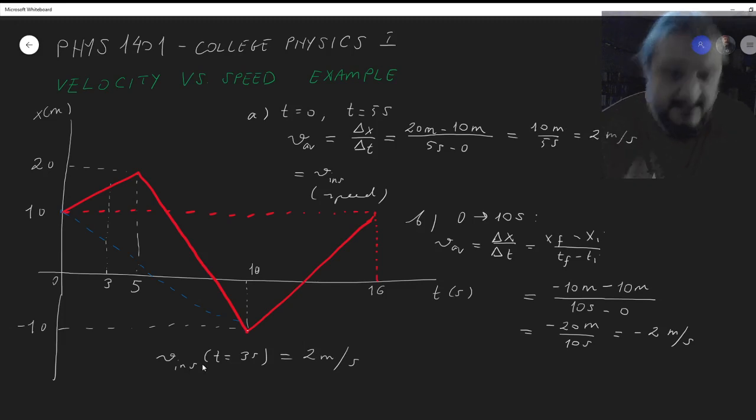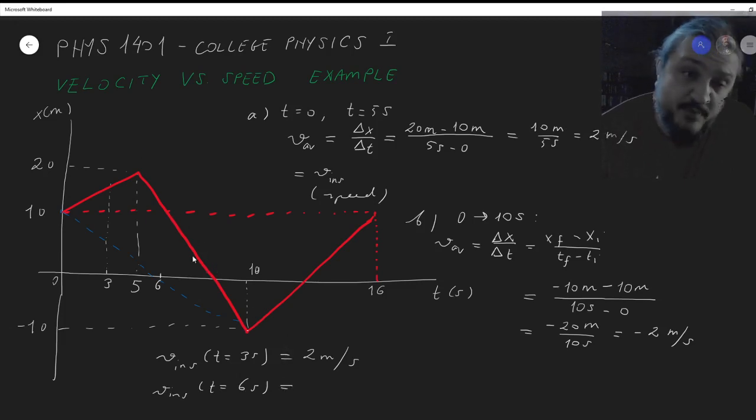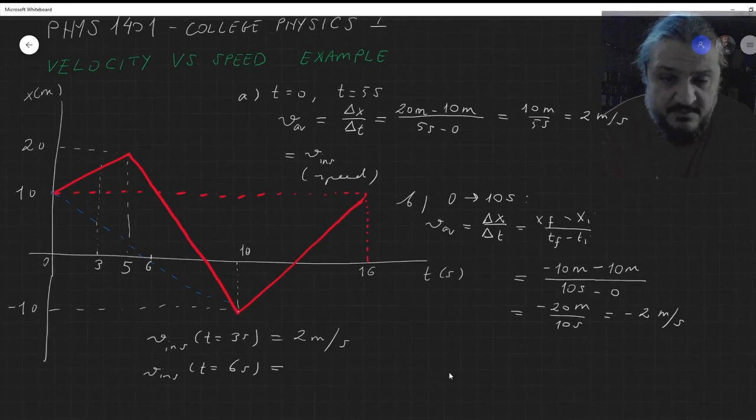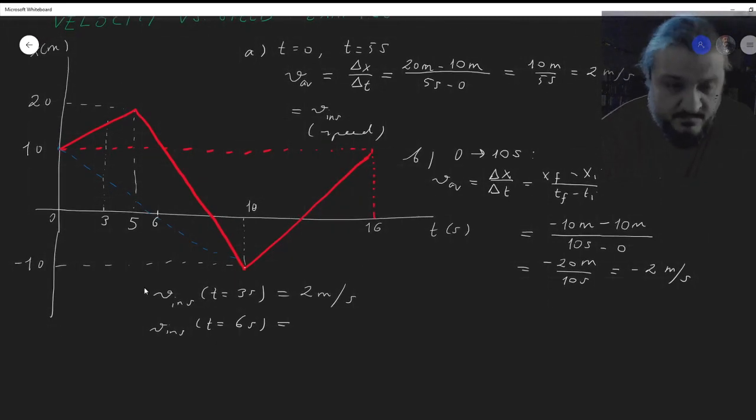But to find the instantaneous velocity, say at 6 seconds, we have to consider the slope of the second segment. So this will be equal to the slope of the second negative slope, right? So what do we have here? We have rise over run.